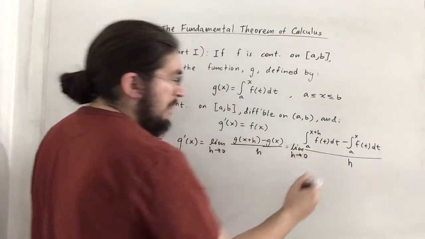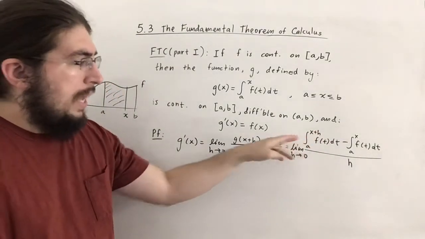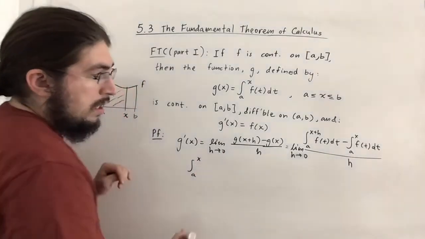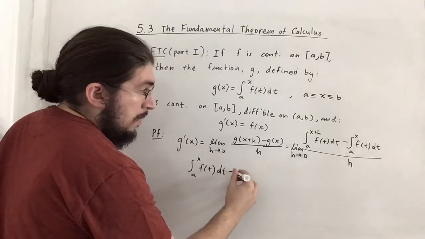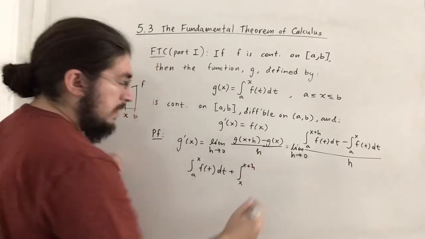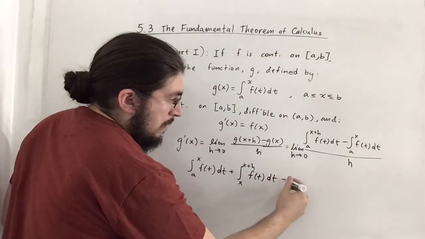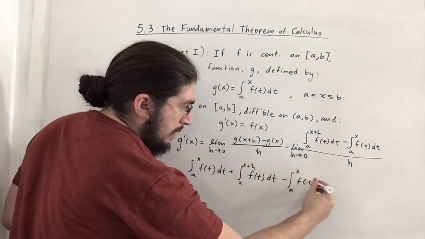And now, we're going to use some properties of the integral. We can split this integral up as the integral from a to x of f of t dt, plus the integral from x to x plus h of f of t dt, minus the integral from a to x of f of t dt, that's the second term we're subtracting in the numerator.